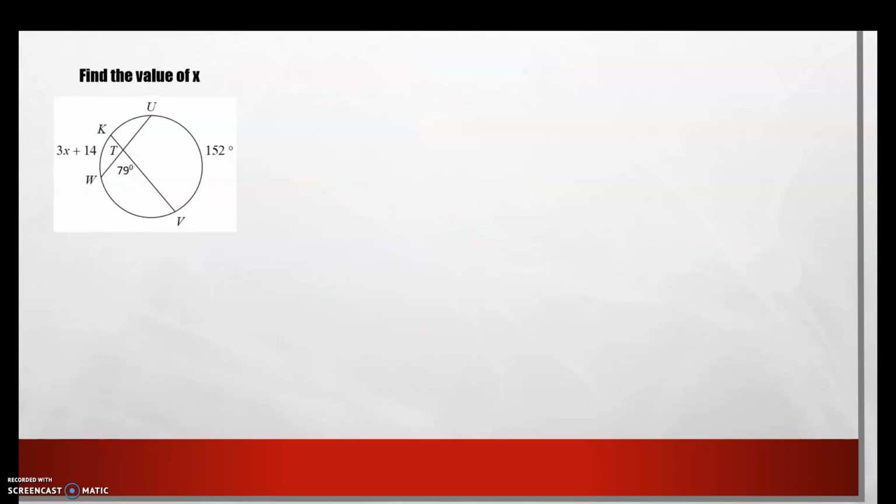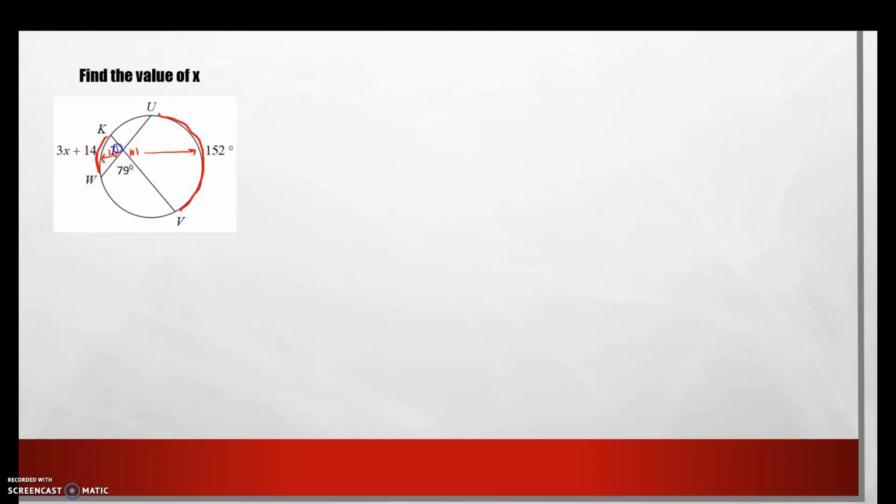So let's try another one just like that. Again, it is the angle that creates that arc. So if I'm looking at this arc and this arc, they are created by this angle and this angle. Well, I don't know what this angle is yet. I know this guy here is 79, and these two together are a linear pair, which means this angle should be 101.